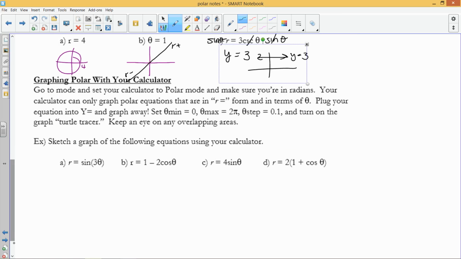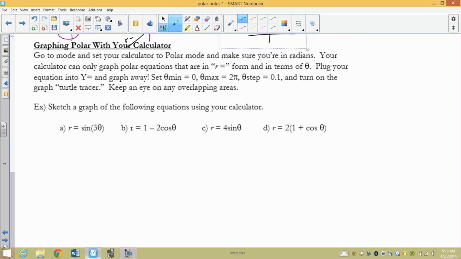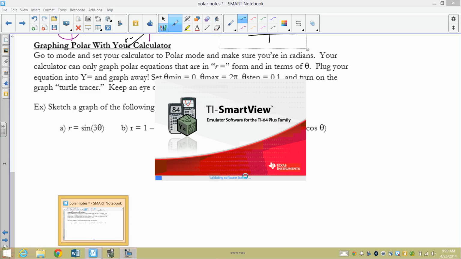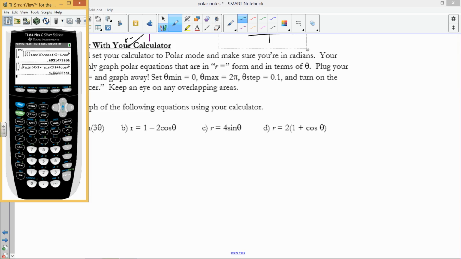And then last but not least, just some graphing polar with your calculator. So most of what I want to talk about here is when you graph polar with your calculator, you have to make sure you're in polar mode, make sure you're in radians, and you want to check your window. So I'm going to get myself down here into polar mode.